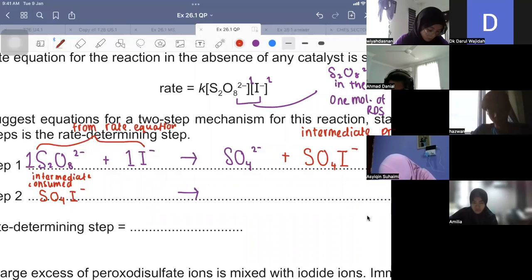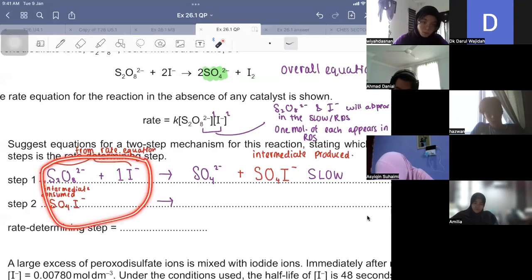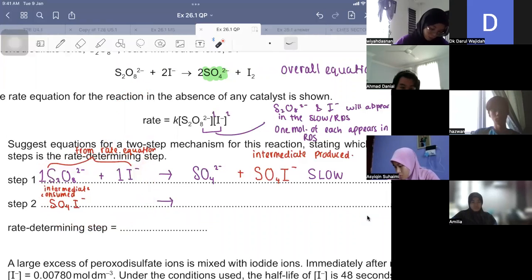Your step 2 is where you are going to tidy things up. What do I mean by tidy things up? You have to make sure that all your reactants give the same number of reactants as in the overall equation. In the overall equation, we've got 1 persulfate ion, and we've got 1 persulfate ion, done.